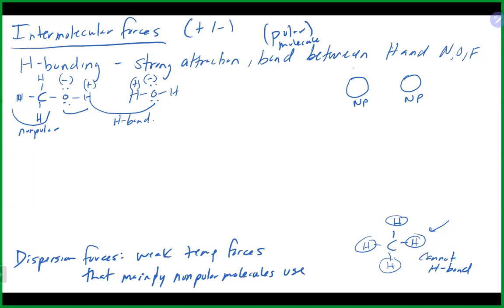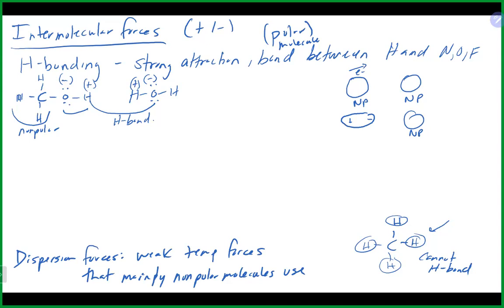So if all the electrons decided to head to the right, that's going to temporarily create a charge in this nonpolar molecule, where the negative charge would be where those electrons went to. The positive charge would be the side of the molecule where they did not go.